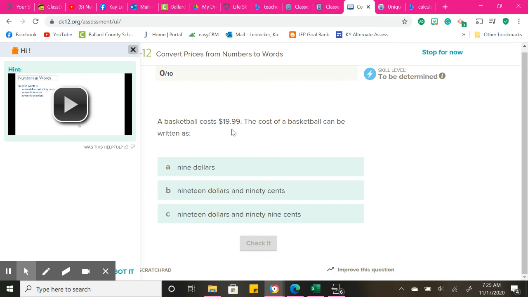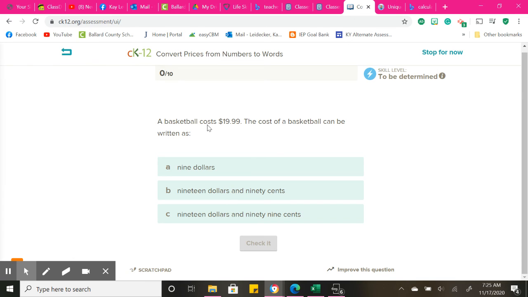So I would either have your brother, sister, grandma, grandpa, mom, or dad read these out to you. Read the number to them. I would read this out loud: the basketball costs $19.99. I'm saying $19.99 out loud.